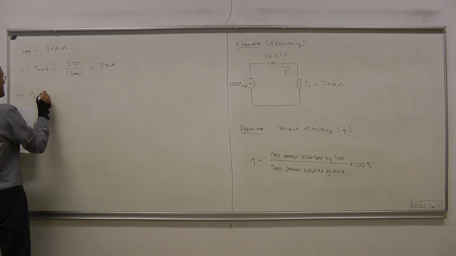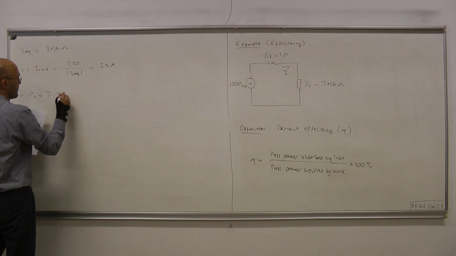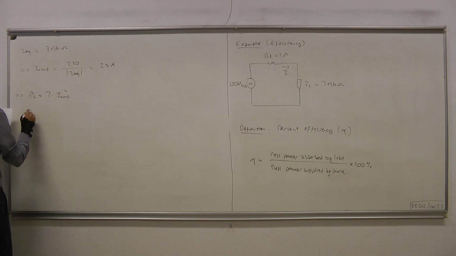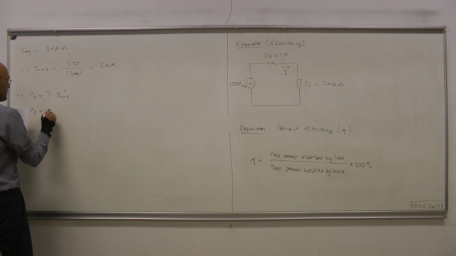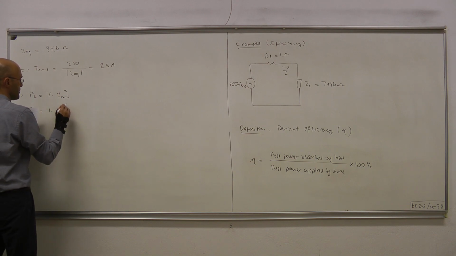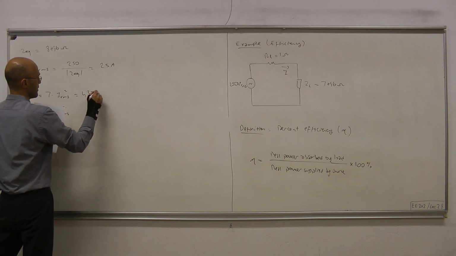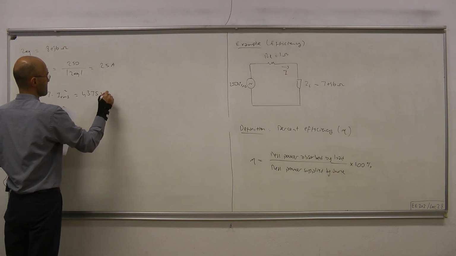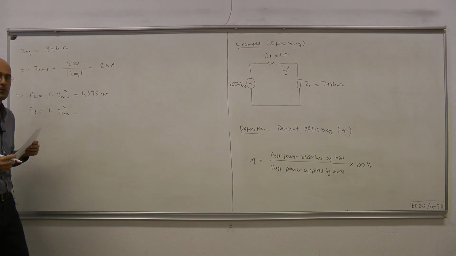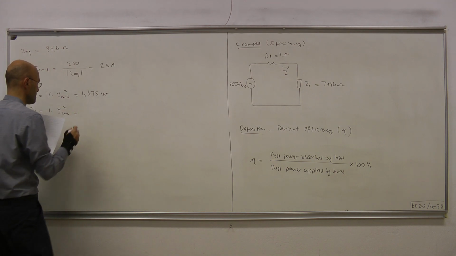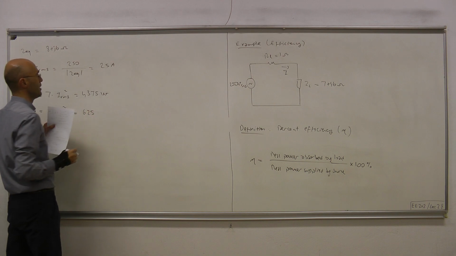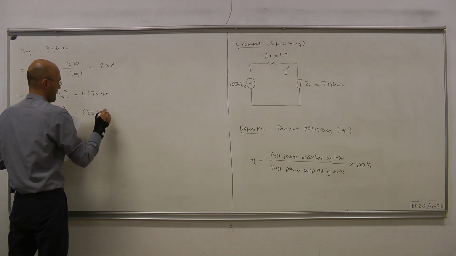So PL reads 7 times I RMS squared. And likewise, the power lost in the line, lowercase p l, reads the resistance 1 times I RMS squared. This produces 4375 watts for the load, and the power lost during transmission is simply 25 squared, 625 watts.